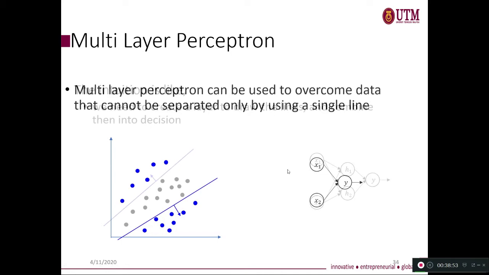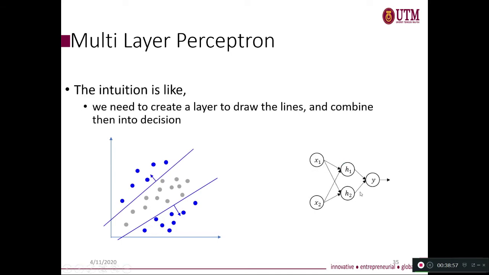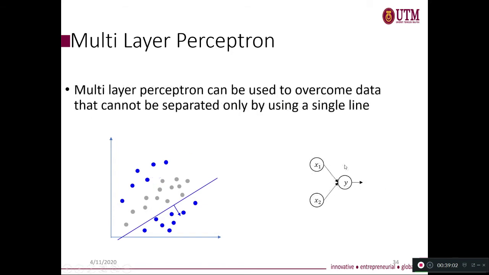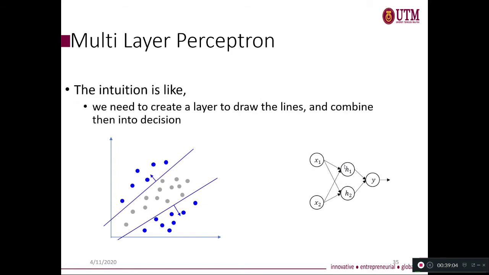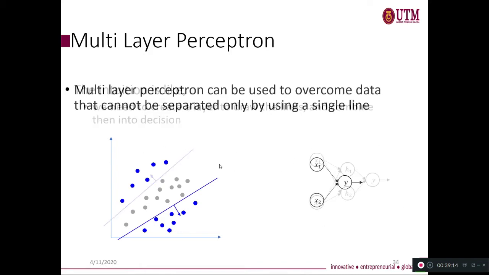Which is why, if you introduce the hidden layer like this, okay, this one is a single layer perceptron, now you have a multi-layer perceptron. It is still a binary classification, but this one, which is equivalent to logistic regression, is incapable of tackling this problem.